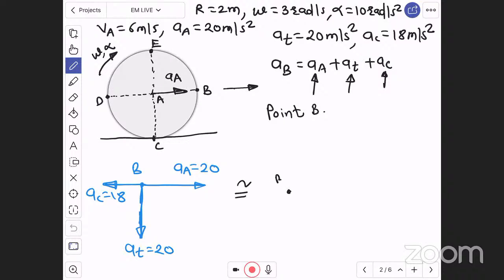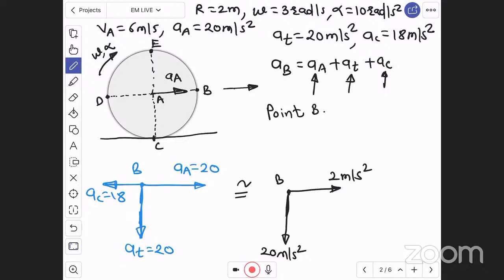The point B will move with 20 minus 18, which is nothing but 2 meter per second square towards right, and in the downward direction there will be 20 meter per second square, right? These are the two accelerations for B.